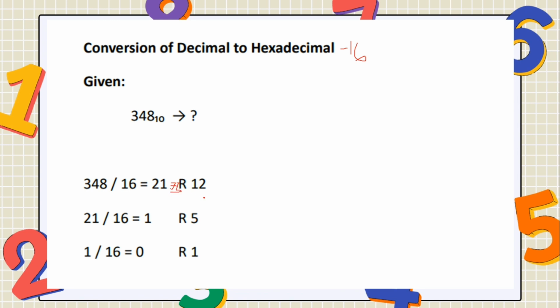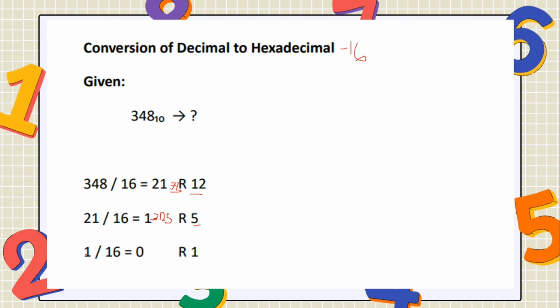So, same process, 16 times 0.75 equals 12. Then, 21 divided by 16, 1.3125. Same process, 16 times 0.3125. Remainder 5.